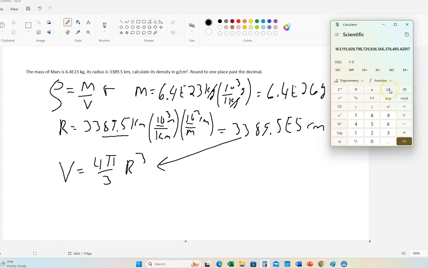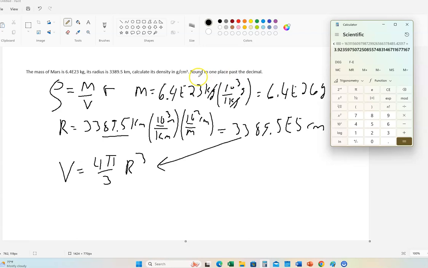Then I put in this number, 6.4 times 10 to the 26th, divided by the number that I just stored. So that is going to be the density of Mars.